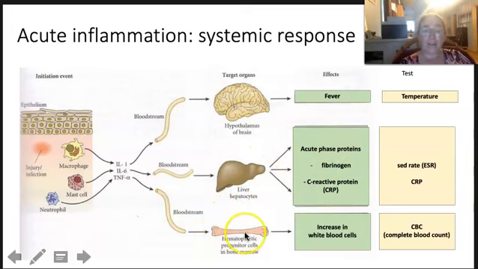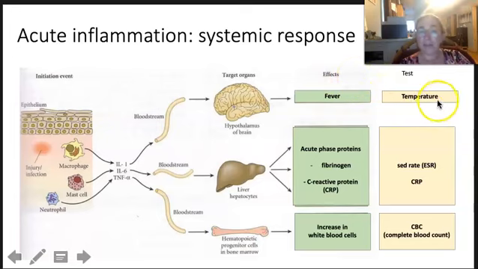It can also trigger the hematopoietic stem cells in the bone marrow to start making more white blood cells to replace ones that are lost, but also more to fight whatever infection or help with the injury. So to upregulate white blood cells. We can test for all of these things as well. All of these different systemic effects of acute inflammation are measurable by various diagnostic techniques.